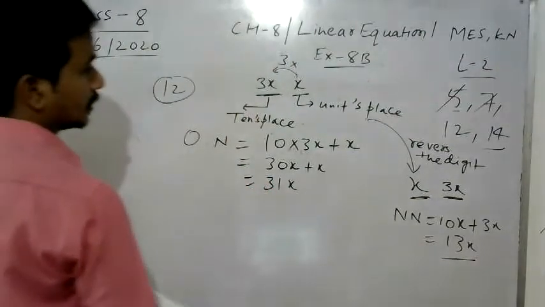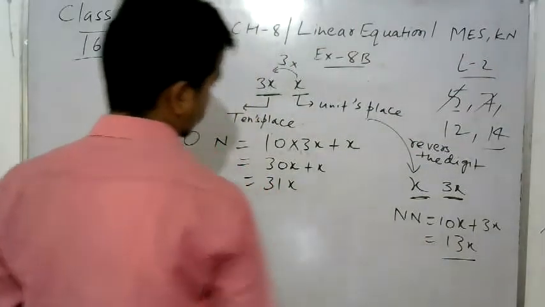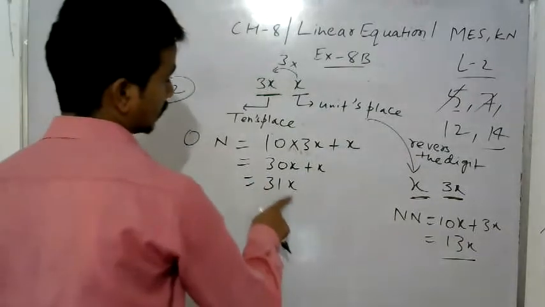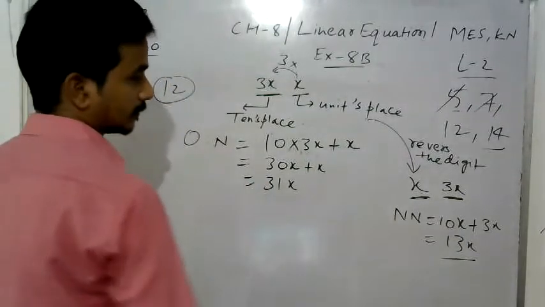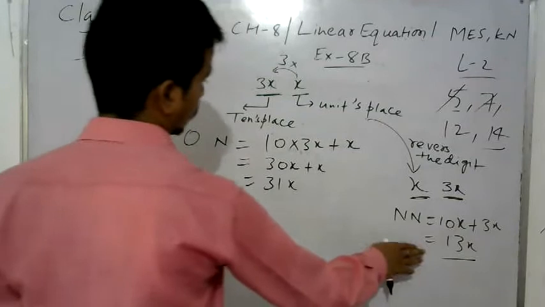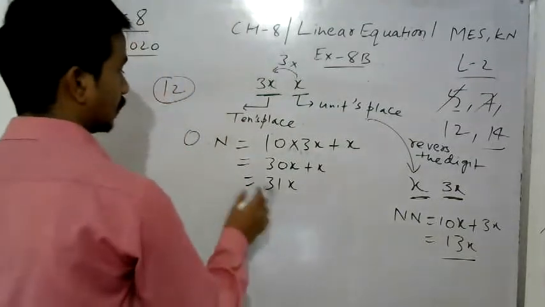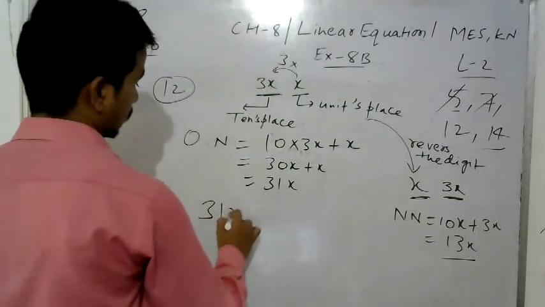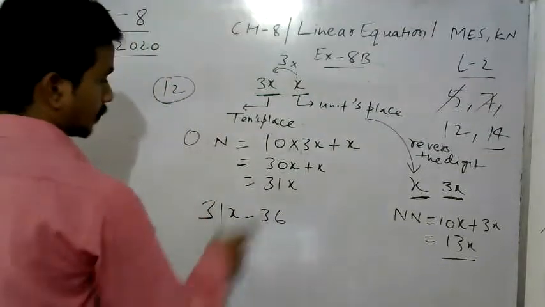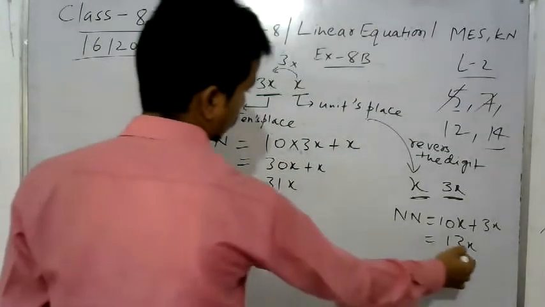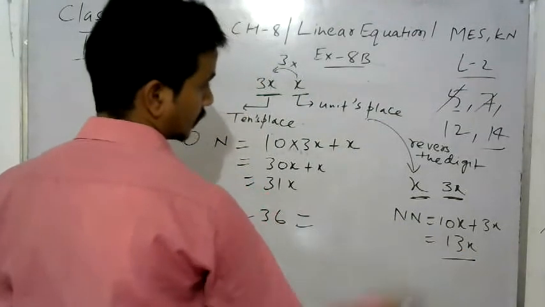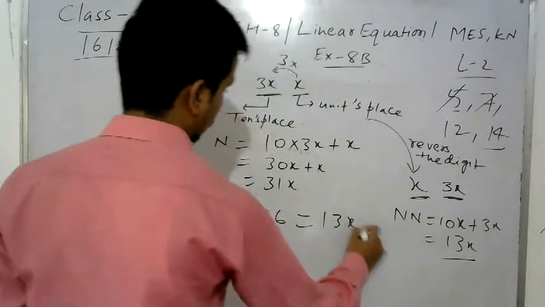Now the question says that the new number formed is 36 less than the original number. It means if we subtract 36 from the original number, we will get the number formed after reversing the digits, which is 13x.